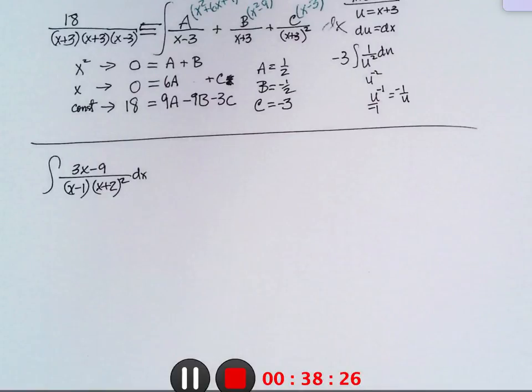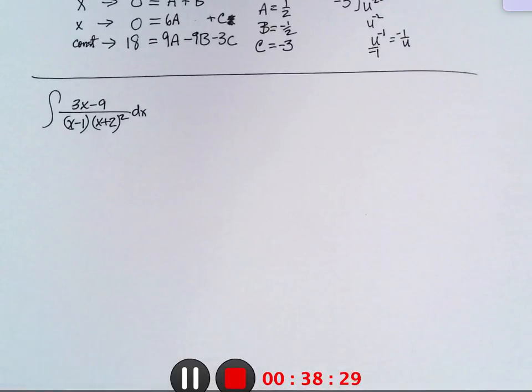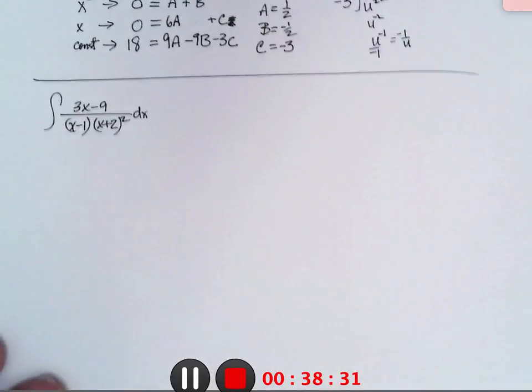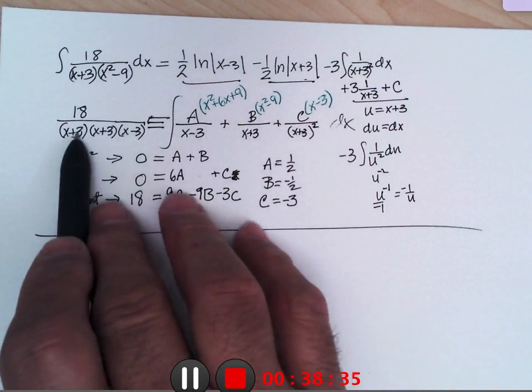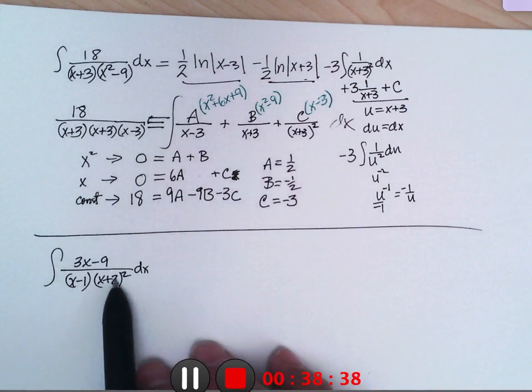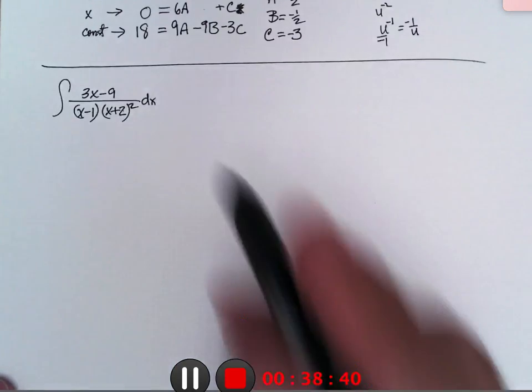And this one's going to be fairly straightforward. It's very similar to this last one. It had a repeated factor, so a factor squared, and then another factor. So it's going to set up similarly. We just have a different kind of numerator.